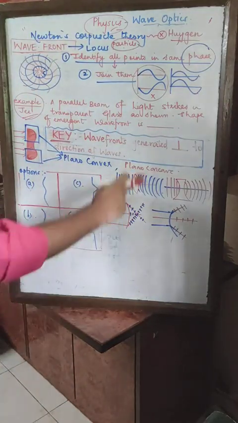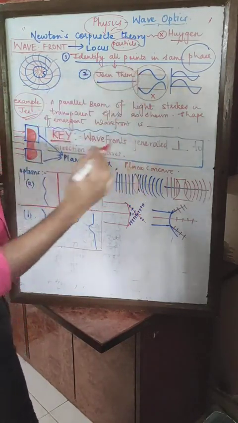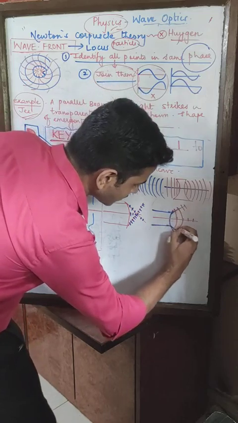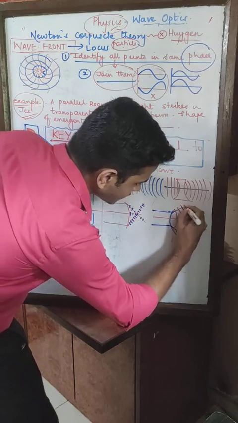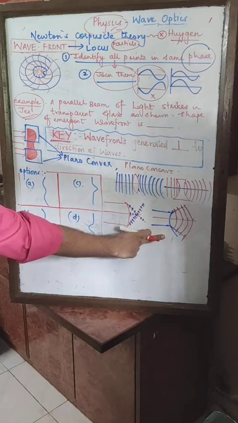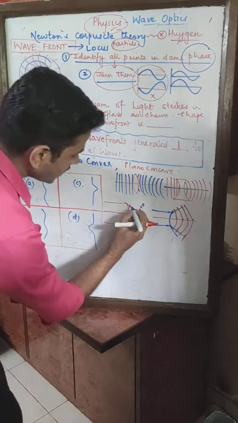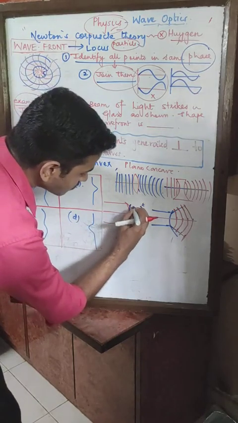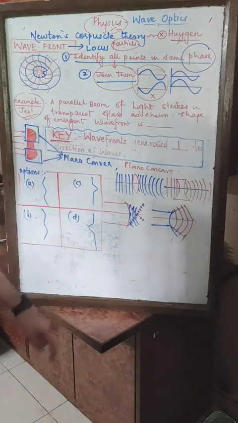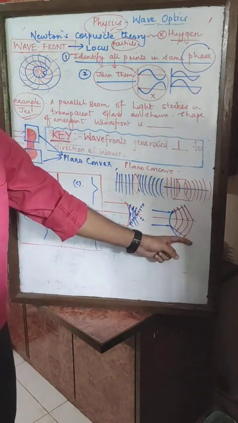Last step, join them. When you join them, you will get this sort of pattern for the concave lens, while for the convex you will get this sort of pattern. It is just the inverse: one side you get C, the other side you get the inverse of C.